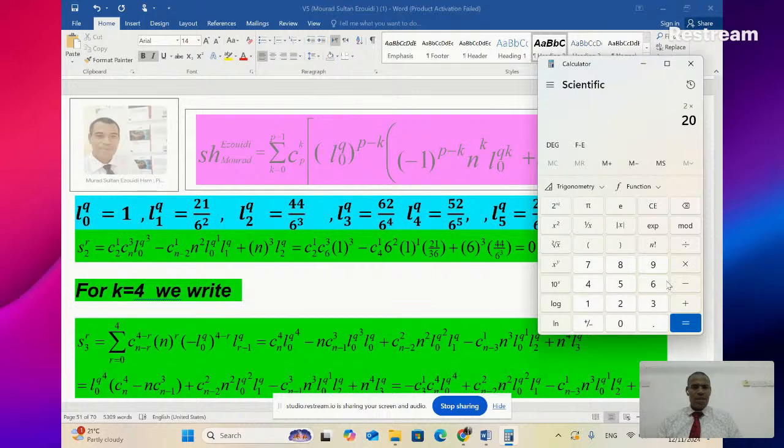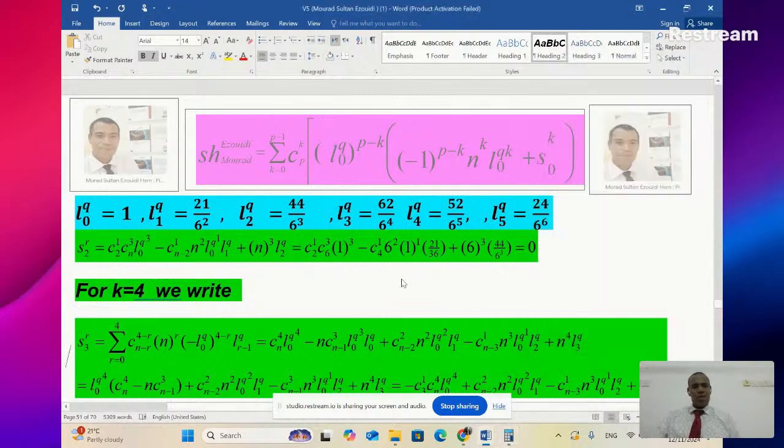Then plus 44, because 6 cubed divided by itself is going to be 1, plus 44. This one, learners, is going to be equal to 0.